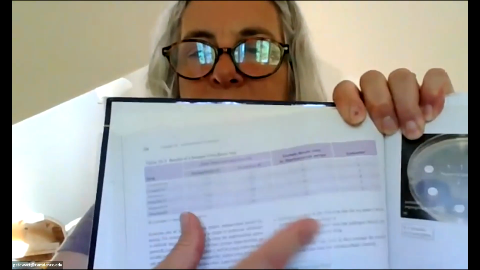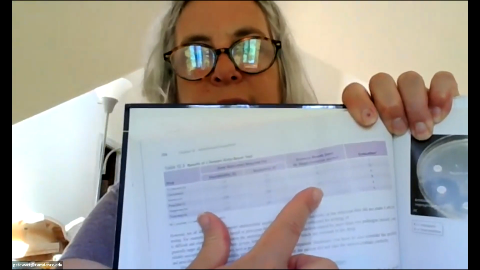So when you see the evaluation chart, there's a sample of one on page 316, and it shows different drugs, right? You guys can't see that very well, but they give you an example just for Staphylococcus. And that's because Staphylococcus is particularly difficult to kill.